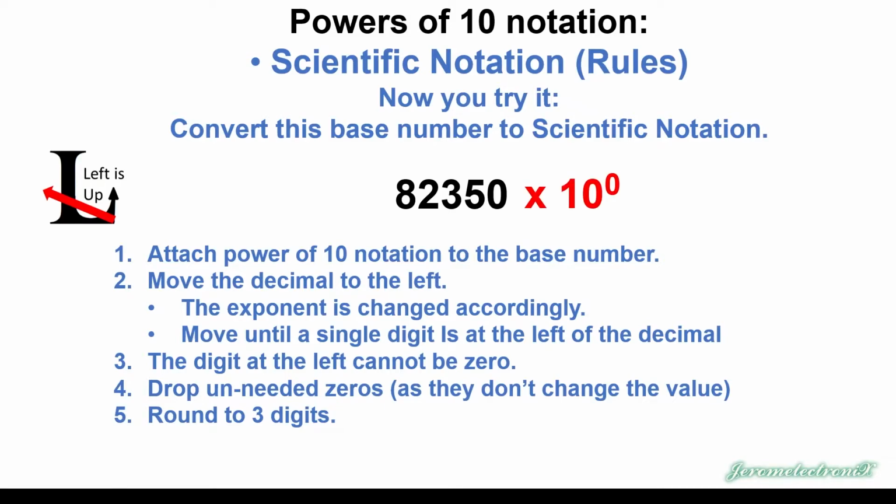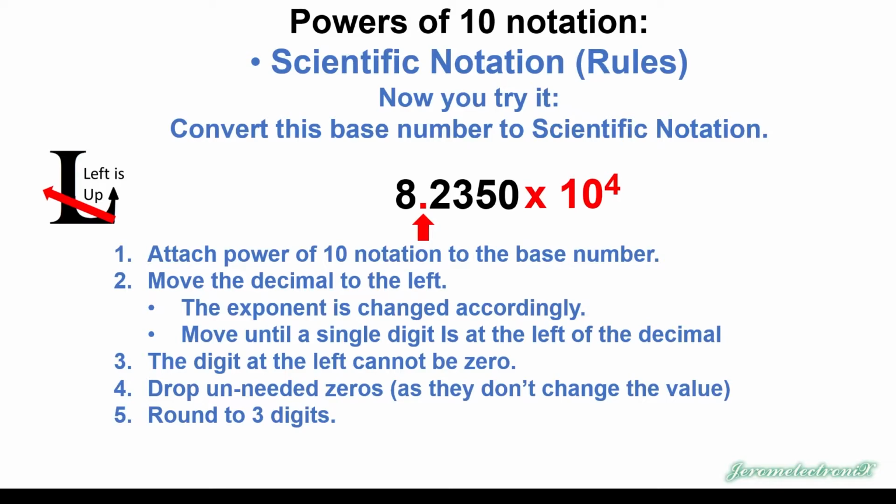So, we're going to convert this base number to scientific notation. We put the power of 10 notation on the base number. Then we're going to find the decimal. It was implied there, so it is located just to the right of the 0. Then we're going to move it so that there's only one digit to the left of the decimal. And every time we move it, we're going to increase the exponent.